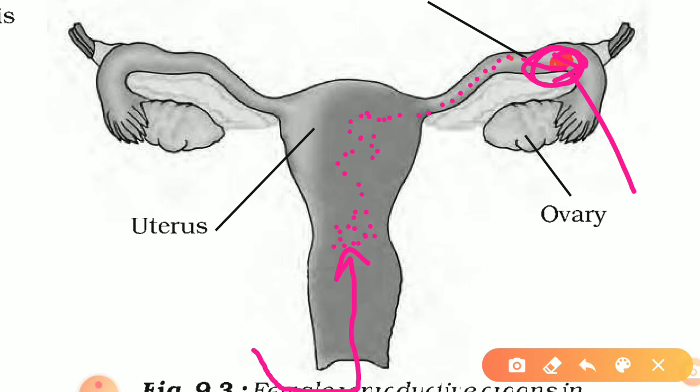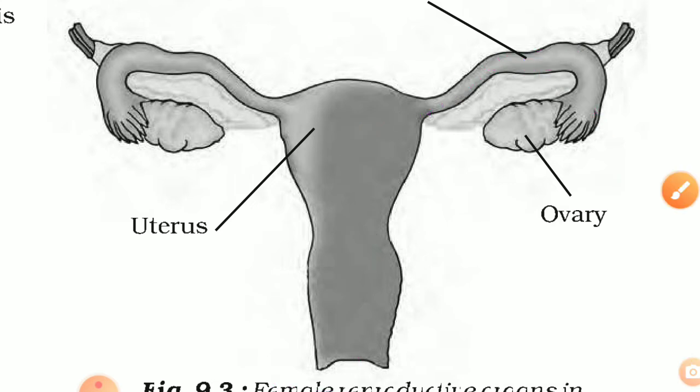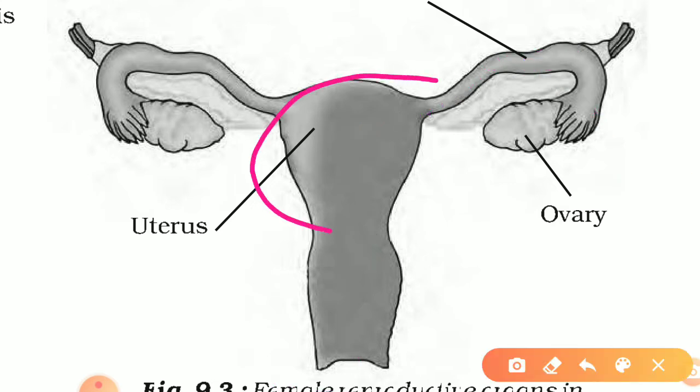Now the next part of the reproductive system is the uterus. As you can see here in the diagram, this pear-shaped organ is the uterus. Uterus is a pear-shaped organ. And what is happening here in the uterus? The two oviducts open into the uterus. Now, what is the function of the uterus?